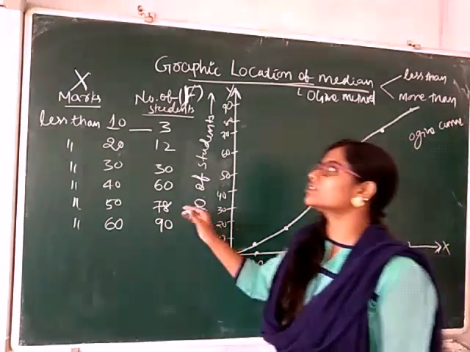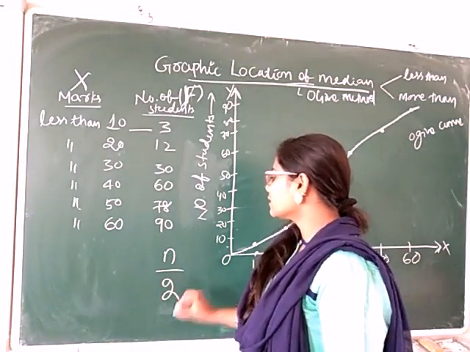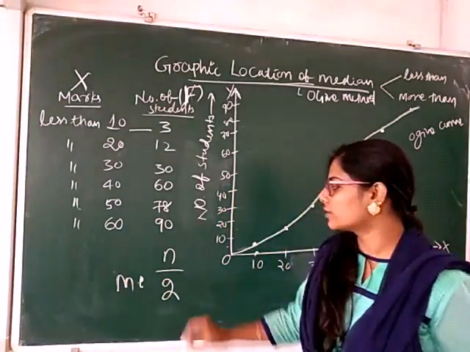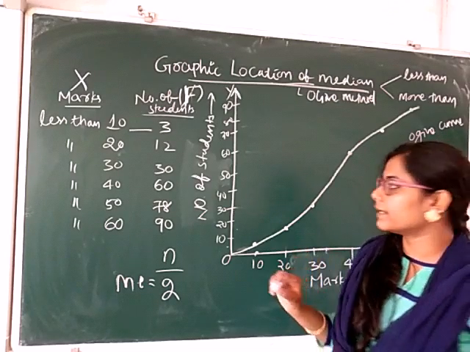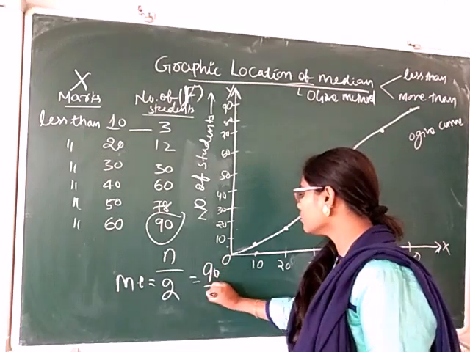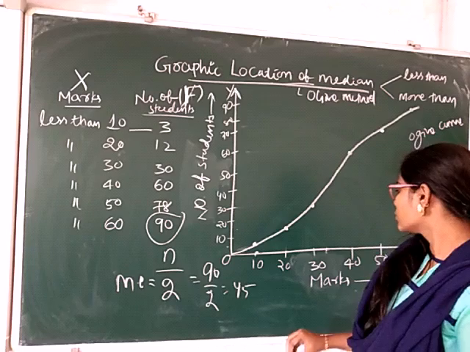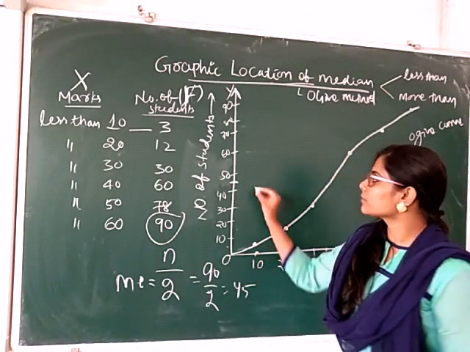As we know that this is a continuous series, we calculate the median size by putting the formula n by 2. Here the total number is 90, so 90 by 2 means 45. So 45 will be between 40 and 50.